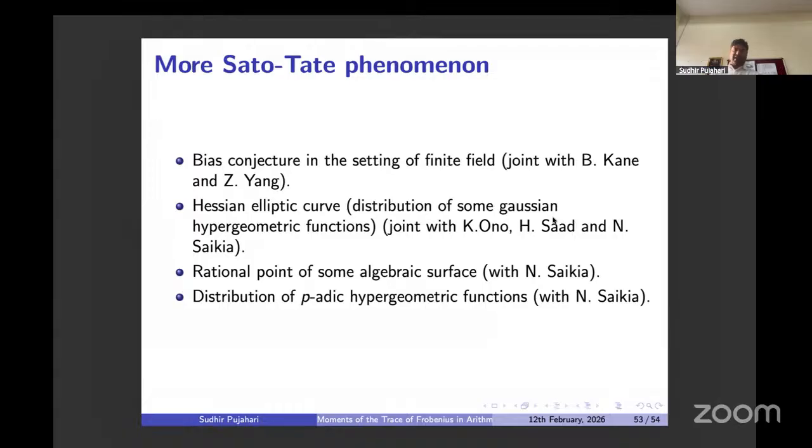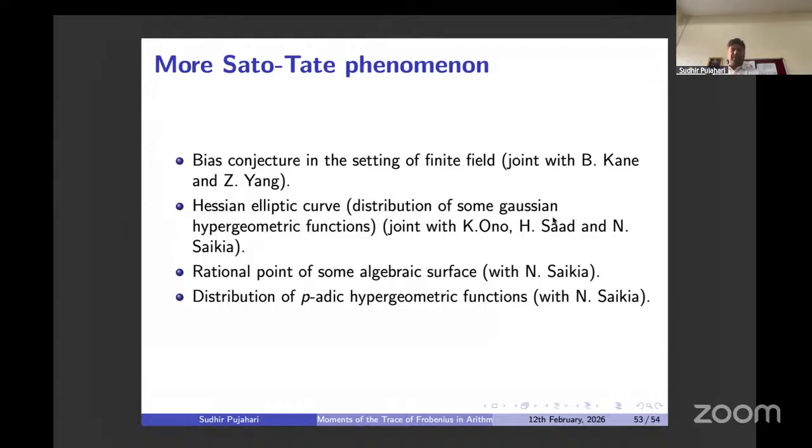But in the case of hypergeometric series like 3F2, what Ono, Hassan, and Saikia have shown is that the distribution is not Sato-Tate, not semicircular, but a different distribution, which they call the pattern.